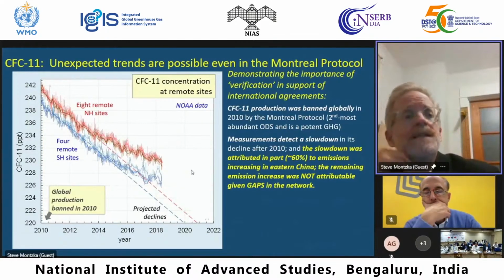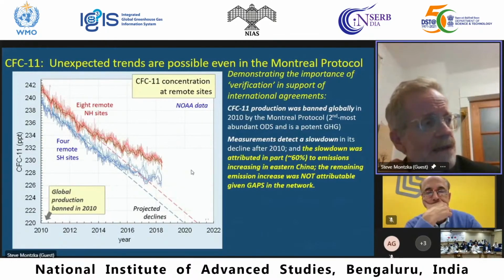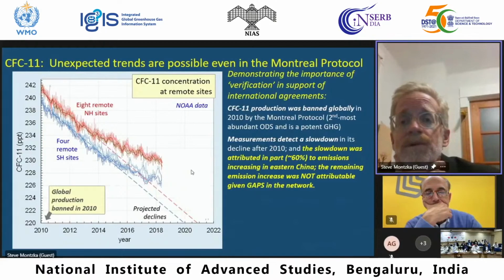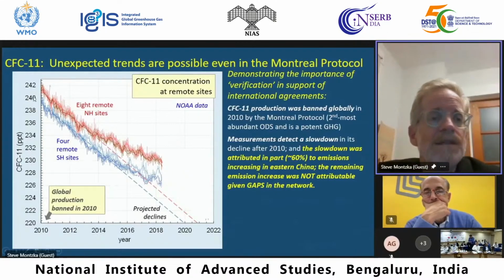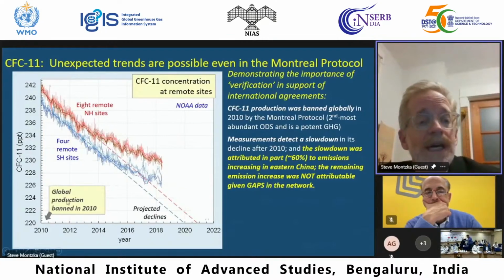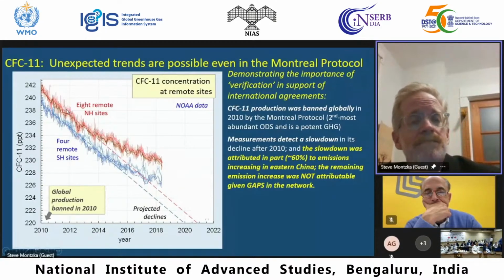So Robbie also mentioned this issue of CFC11 that I think, and I agree with him, demonstrates the importance of atmospheric measurements in support of international agreements to provide an independent estimate of whether or not things are changing as expected. This is a picture of concentration changes of CFC11 over time since 2010, since global production is banned by the Montreal Protocol. We have results from northern hemispheric sites in red, southern hemispheric sites in blue.